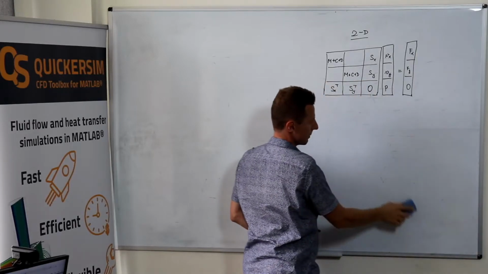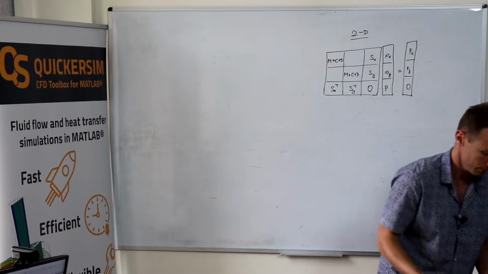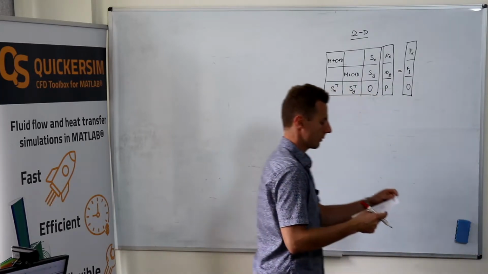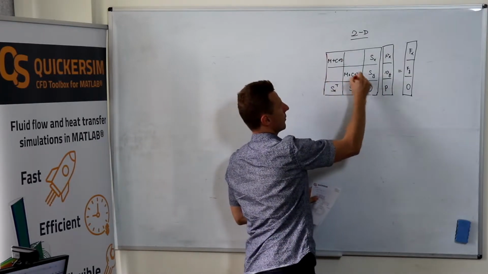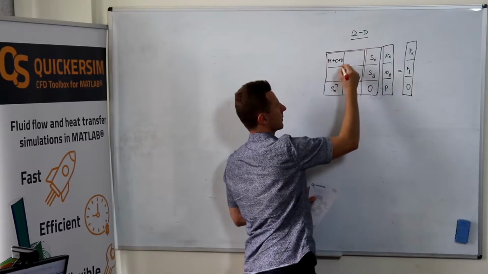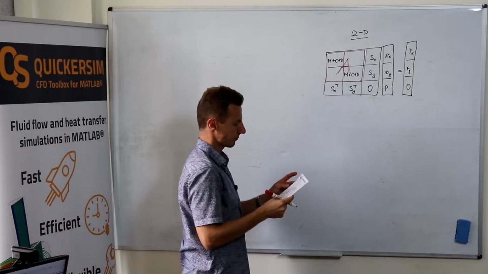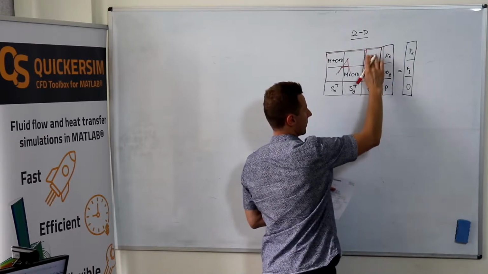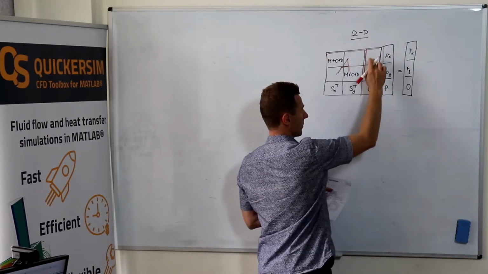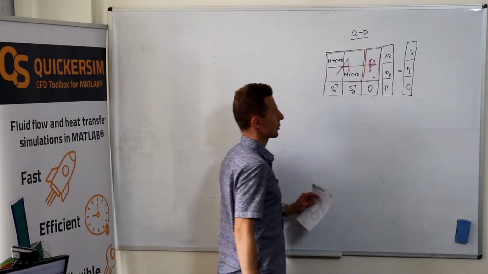Okay, for the sake of simplicity of notation, let me use the following notation. We will be representing this portion of the matrix by A. This portion will be a rectangular matrix that represents gradients working on the pressure field.